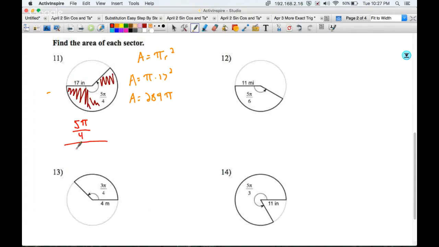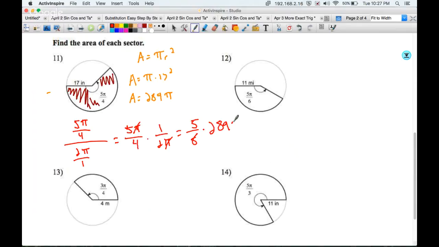Well, the whole revolution is 2 pi. So if I just divide it by 2 pi, I'll figure out what portion of a full revolution it is. Let's make that 2 pi over 1 so that we can do copy-flip. 5 pi over 4 times 1 over 2 pi. There's a pi on the top and the bottom, so I'm going to cross simplify here before I make this 5/8.